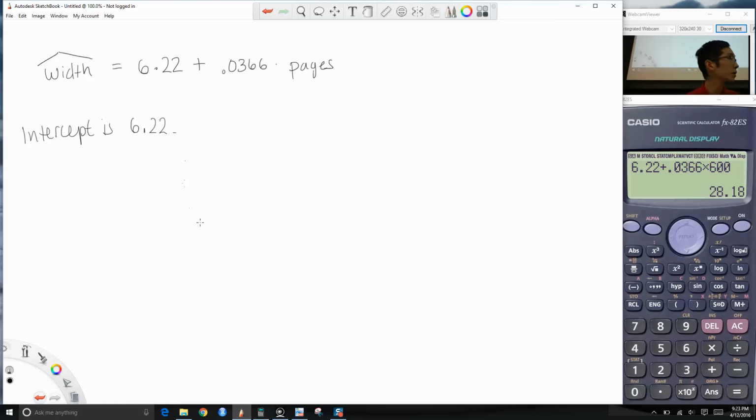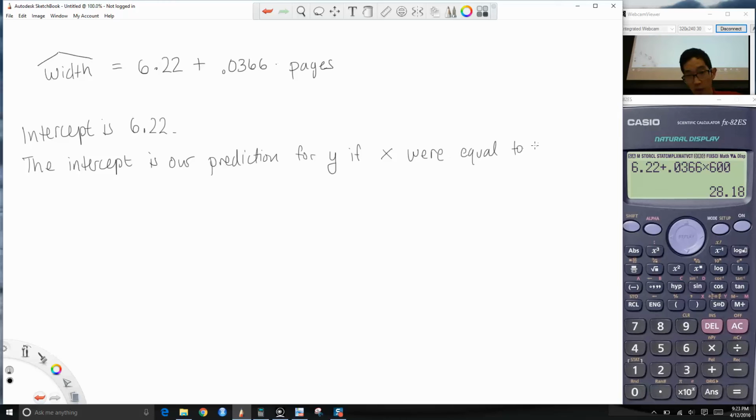Okay, the intercept is our prediction for y if x were equal to 0. Okay, and so essentially what we're saying is we are predicting the width of a book that has 0 pages in it to be 6.22 millimeters wide, okay?